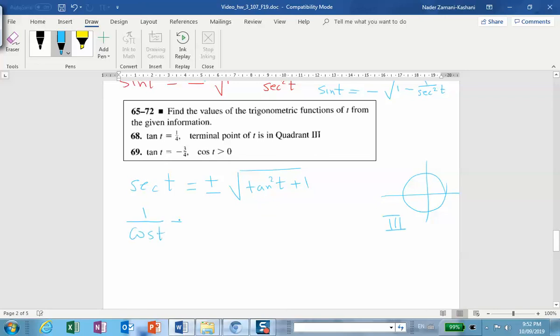Now, if you're in quadrant 3, cosine is negative, so do not take the positive sign. So 1 over cosine of t is negative square root of tangent squared t plus 1.